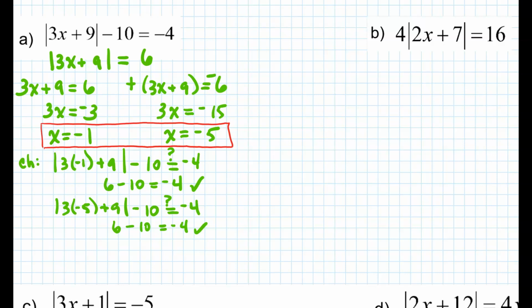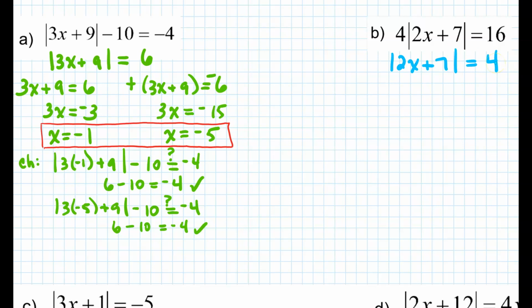so let's look at B. I have 4 times the absolute value of 2x plus 7 is equal to 16. So again, what's the first thing we should do? Divide by the 4 so that we can get the absolute value by itself. So dividing both sides by 4 will leave me with the absolute value of 2x plus 7 is equal to 4.